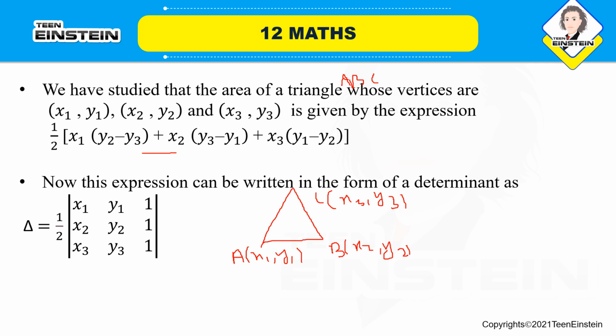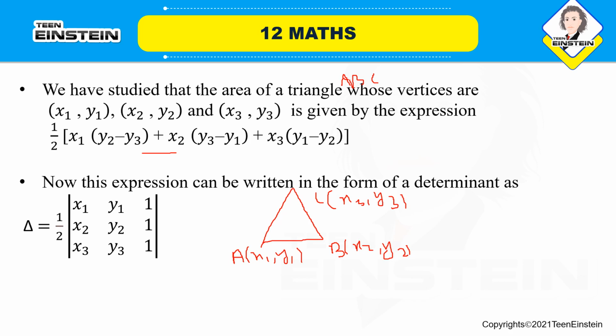Then write the second vertex in the second row, x2, y2. Then substitute the third vertex in the third row, x3, y3. Fix the third column as 1, 1, 1. So delta is equal to half into determinant x1, y1, 1, x2, y2, 1, x3, y3, 1.